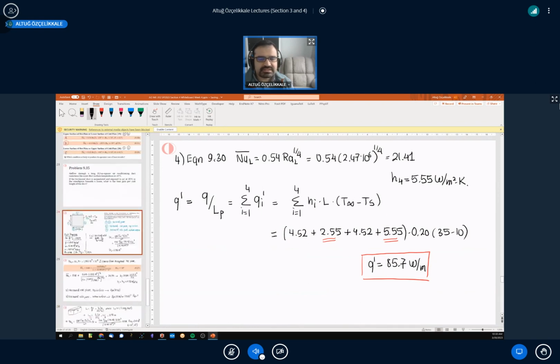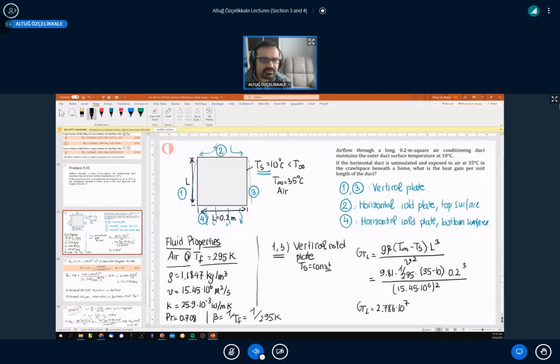Remember that when we discussed horizontal plates, we said that the top surface of a cold horizontal plate is going to have some impinging jet, but it's like a boundary layer forming across each half of the surface, and then it's going to fall down from the sides. And that's okay. So there is going to be a certain amount of heat transfer here.